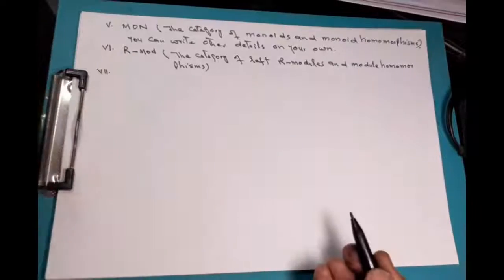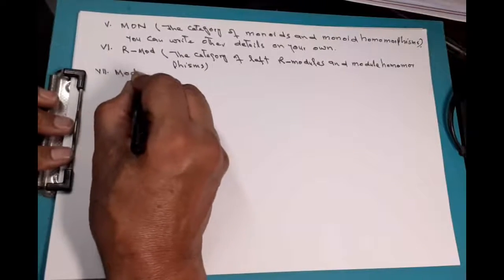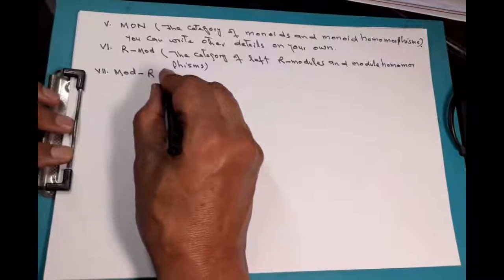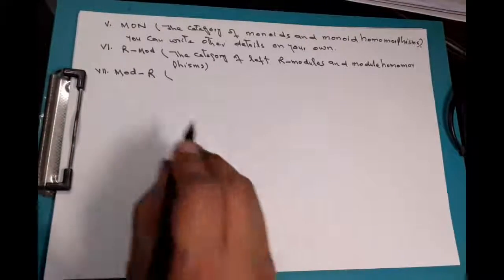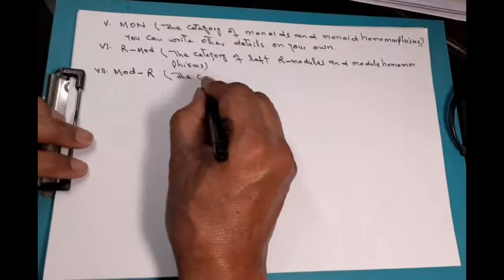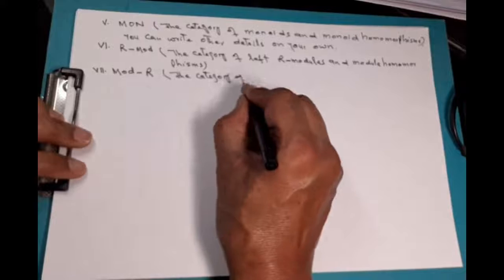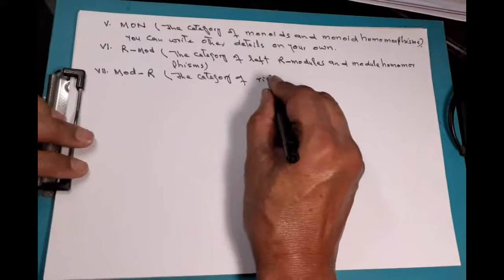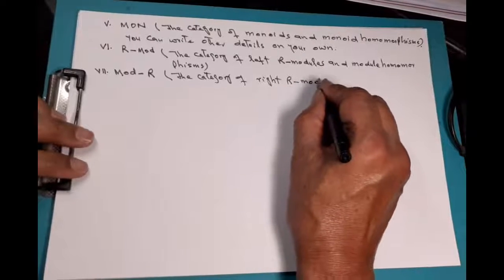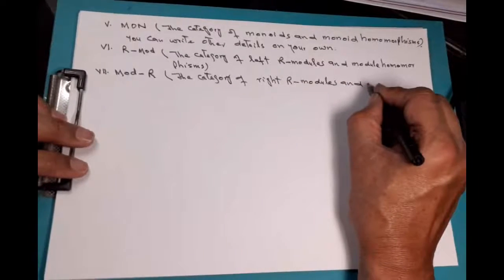And even you can consider this category Mod-R. We have written ring R on the right hand side. So this will be the category of right R modules and module homomorphisms.